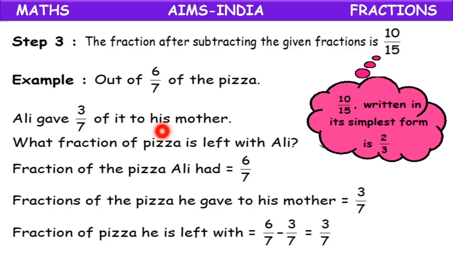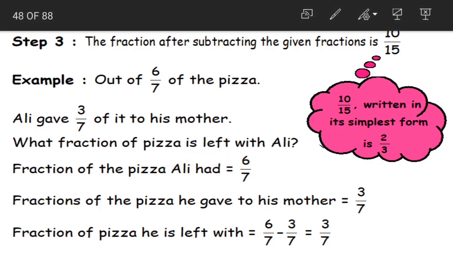Let us look at our example word problem. Out of 6 by 7 of the pizza, Ali gave 3 by 7 of it to his mother. What fraction of pizza is left with Ali? What did Ali do? He had 6 by 7 of the pizza, and from that he gave 3 by 7 to his mother.